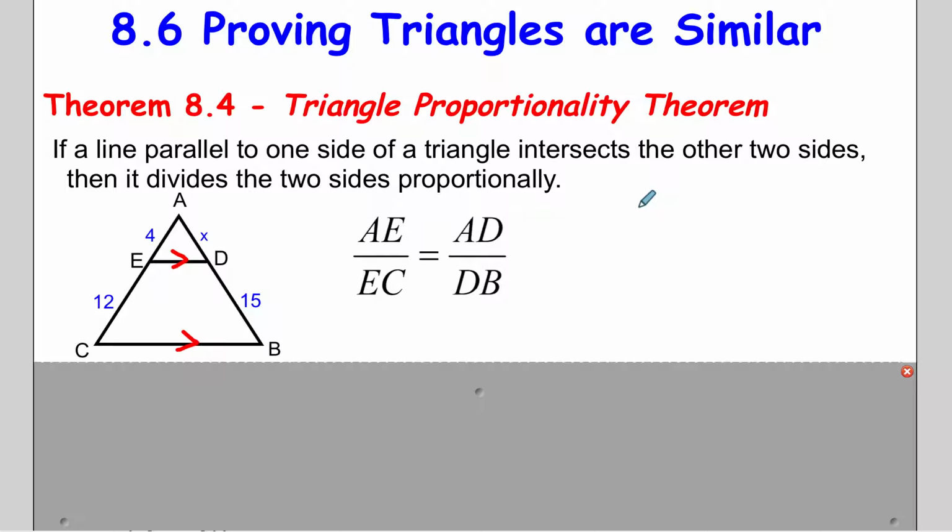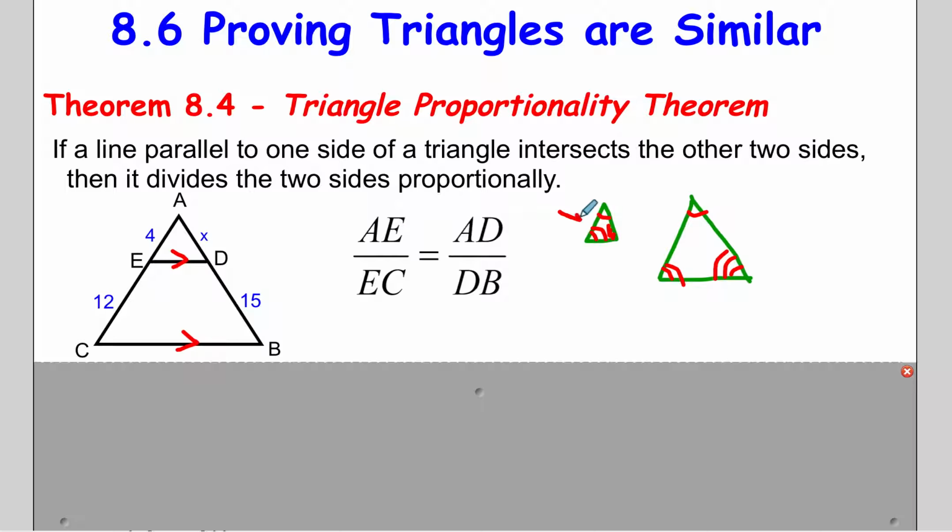Just a quick reminder of what it means for two triangles to be similar. If these two triangles are similar to each other, it means that all of their corresponding angles are congruent. I'm going to have to draw 3 tick marks there. And it also means that their sides are proportional.